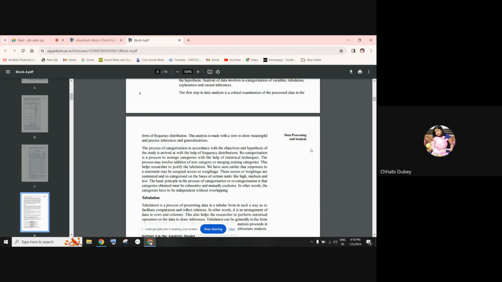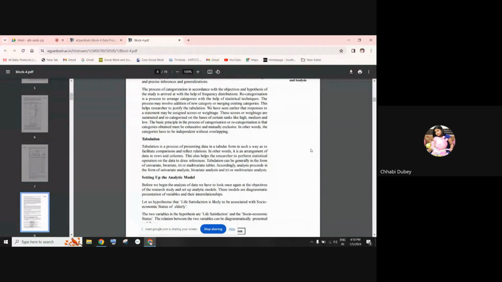Then tabulation is the next process in this entire analysis. So tabulation is basically, after the data we have got till now and the processing that has taken place till now, after categorization, we are going to present the data in tabular form.